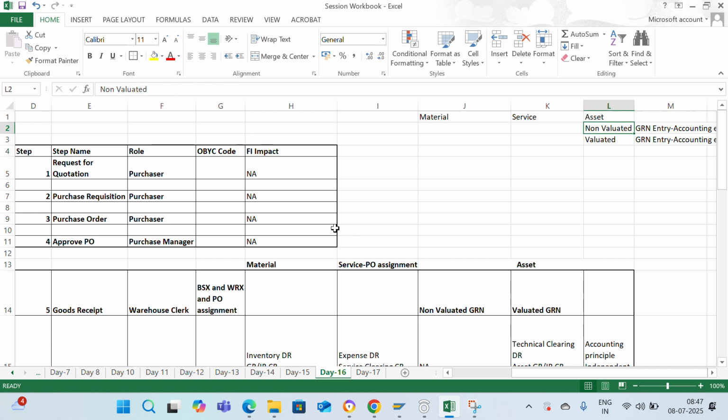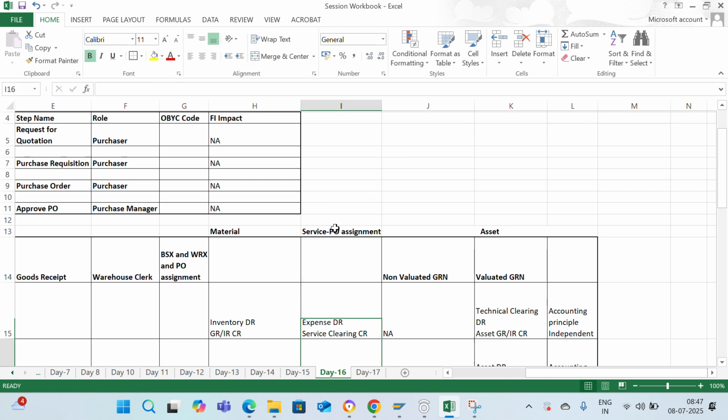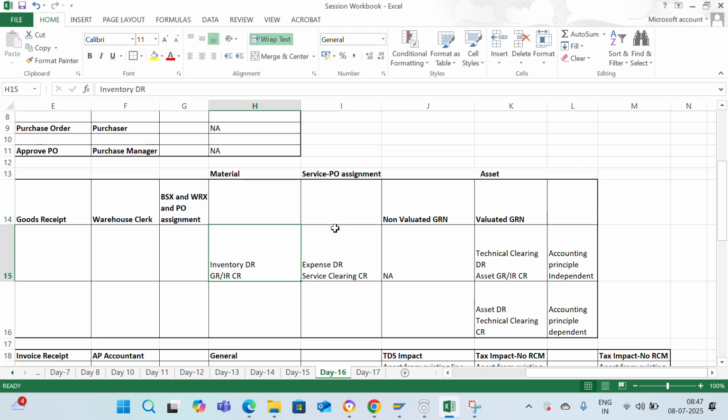We also understood if it is non-valuated, during the GRN accounting entry is not posted. If it is valuated, during the GRN accounting entry is posted. Further, we understood what accounting entries are posted for material PO, for service PO, for asset in case it is valuated and in case it is non-valuated.